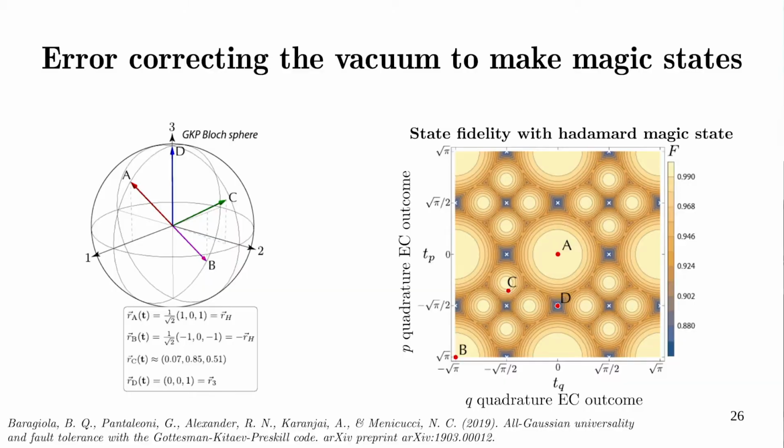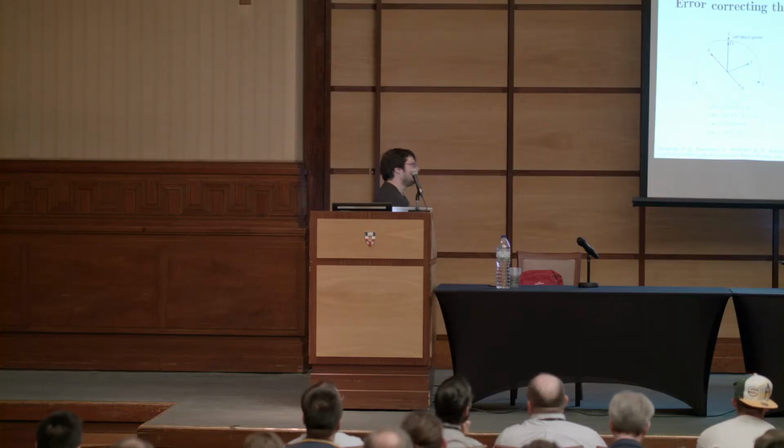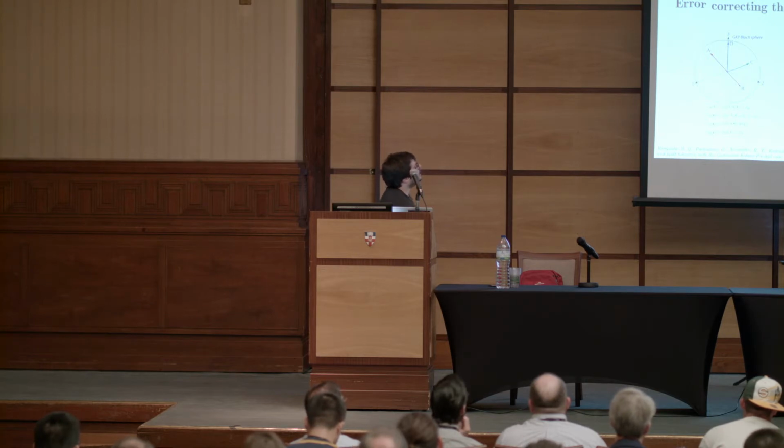Surprisingly, most of the states we get by just error correcting the vacuum are actually distillable. In this picture, we see the little white crosses are the states that are not distillable. So everything else is distillable with different fidelity with respect to the Hadamard eigenstate. Oh, I should have mentioned, the Hadamard eigenstate in this picture is what we use to get to universality.